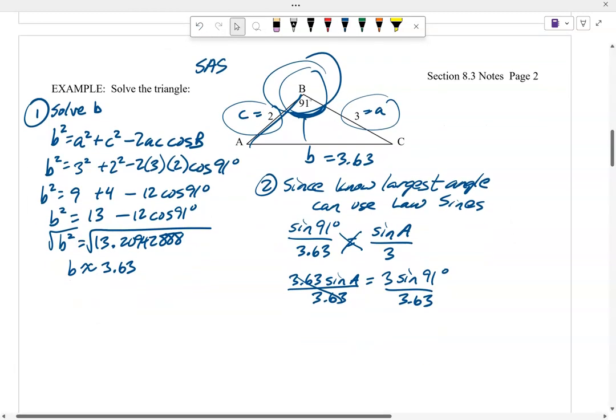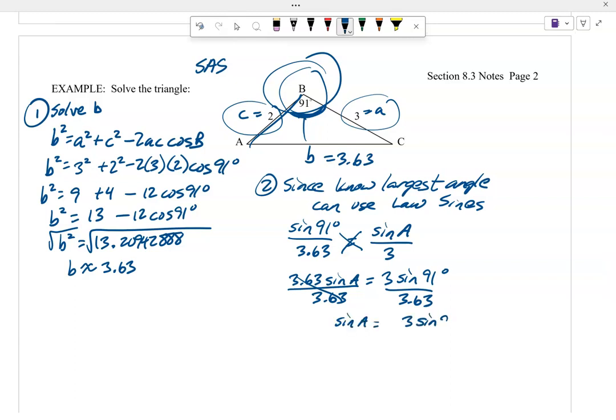So sine of A equals whatever number this is. And so we're going to run the arc sine on this, and that'll give us angle A. So the arc sine of 3 sine 91 degrees over 3.63, that'll give us 55.72 degrees.